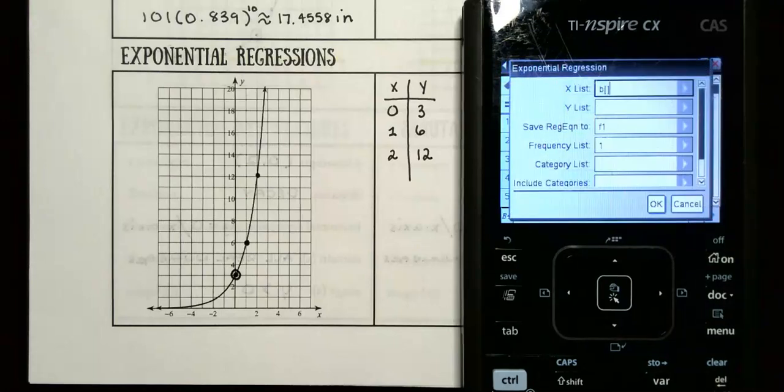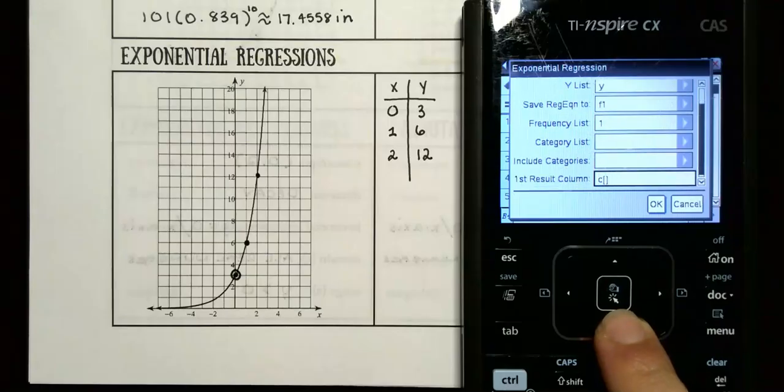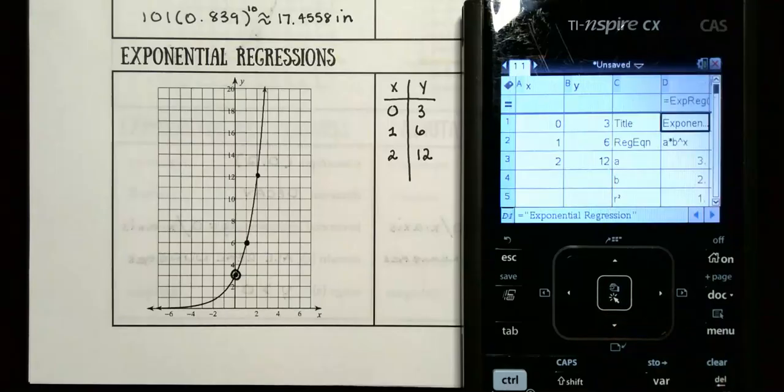So I'm going to hit option A and I'm going to clear this and type in X. All my X values are in the column labeled X. I'm going to go down to Y and I'm going to type in Y because all the Y values are in the column that I labeled Y. And then from here, I'm just going to go all the way down until I hit enter.